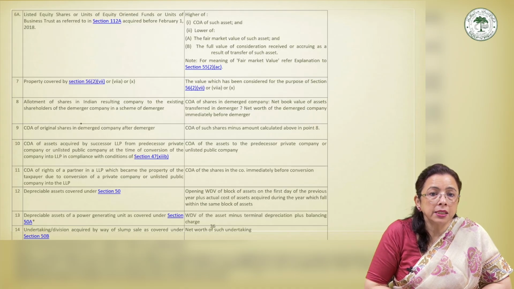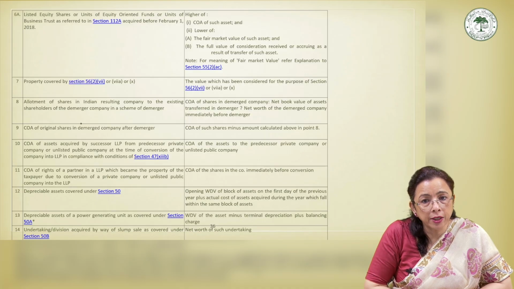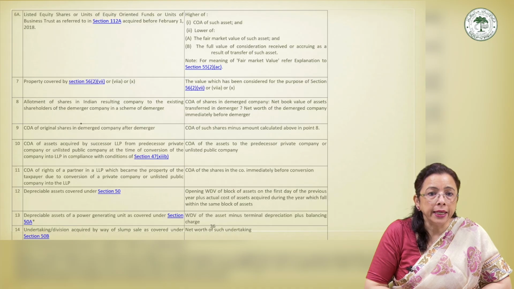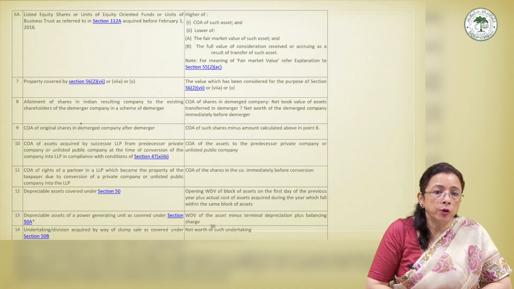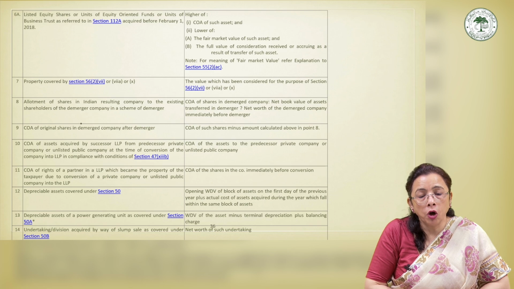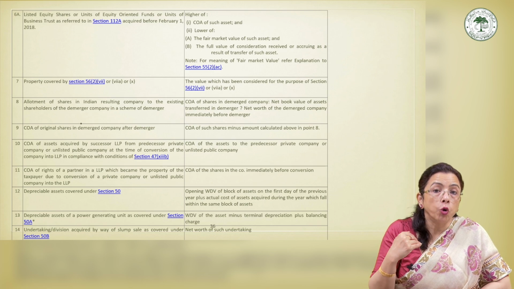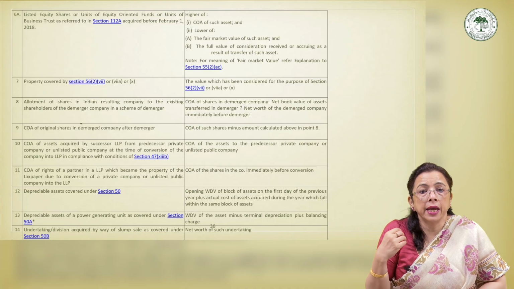Next is the listed equity shares or equity oriented units acquired before 1st Feb 2018. Section 112A introduced taxation of long-term capital gain on listed equity shares, equity-oriented mutual funds, and units of business trust exceeding rupees 1 lakh.